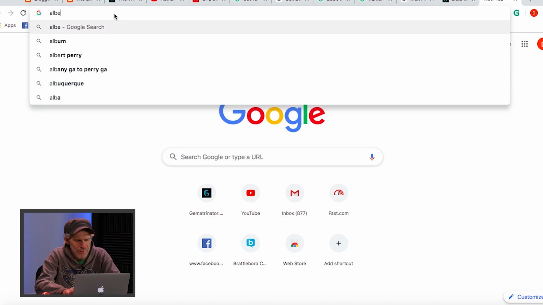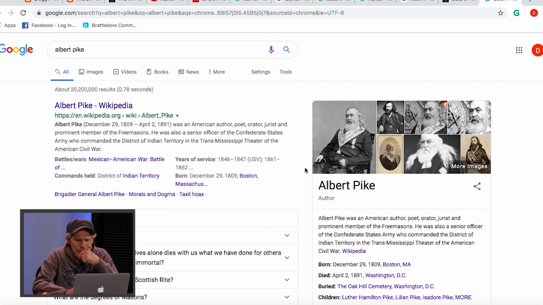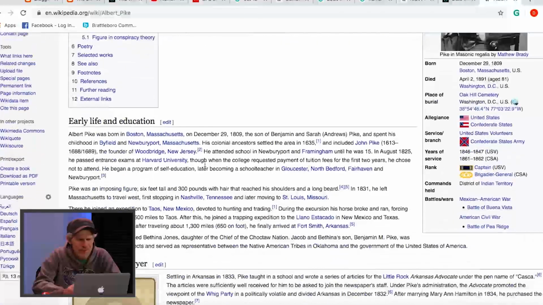He was a Mason. He was a Confederate war general too, and he has a statue in Washington, D.C. Born same birthday as me, by the way. Anyway, he was a Freemason, a 33rd degree Freemason, and he wrote a book called Morals and Dogma.